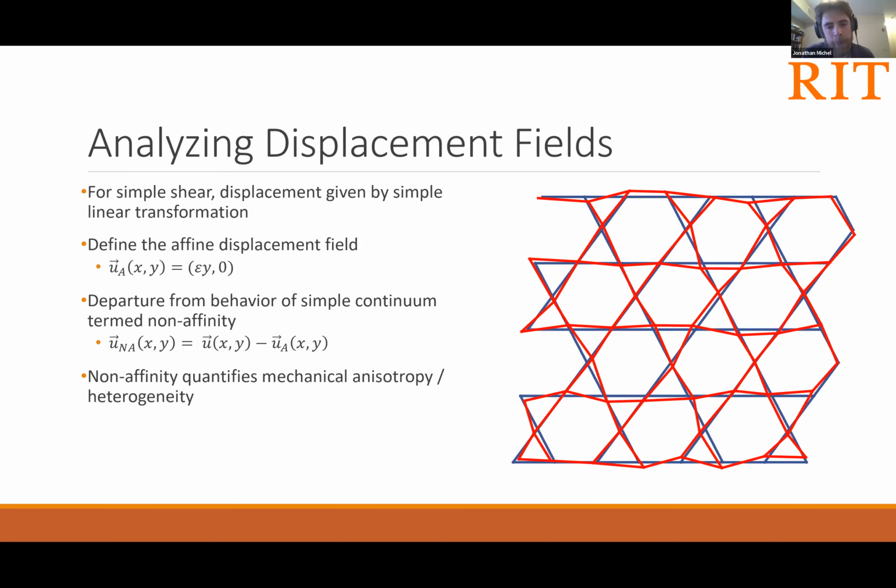So to begin with, I'd like to tell you about the idea of non-affinity. I imagine some specialists in the audience will be acquainted already, but essentially for a simple elastic continuum subjected to simple shear, as in our current simulation protocol, you would expect that a simple linear transformation would describe the displacement of any point inside the material.